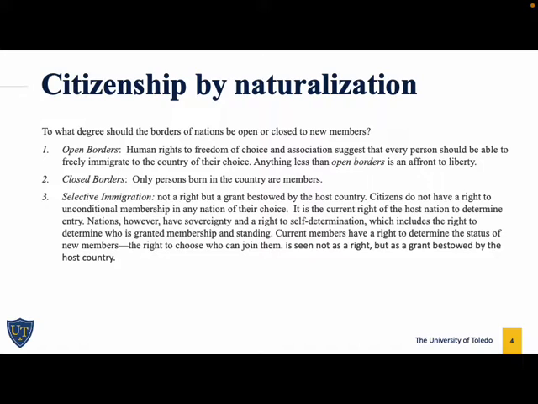So the nation wants to be selective in who it admits and who it doesn't admit. Selective immigration is the third option regarding the question of closed or open borders. It is really a combination of the two. We're open but not completely open. We're open but selective. You have to be admitted.